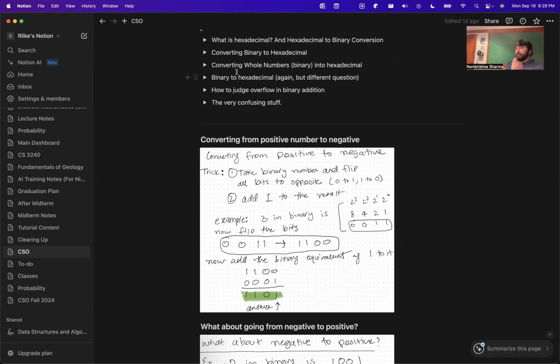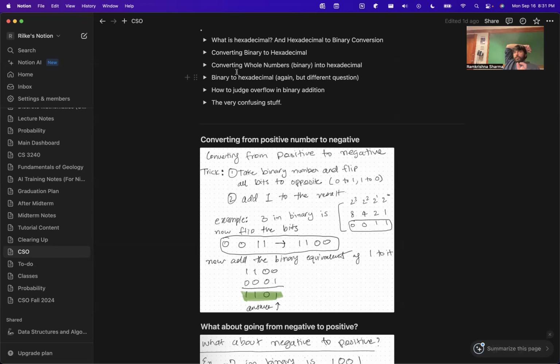So 0 through 9 is in a real sense just the number itself. As soon as you hit 10, now I'm going to introduce letters, right? So 10 is A, 11 is B, 12 is C, and so on and so forth.